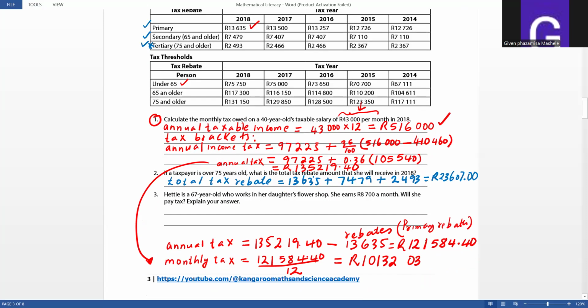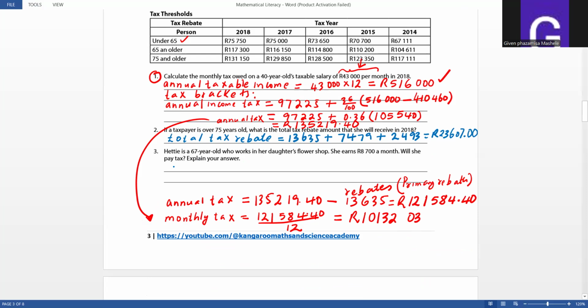Now, let's move on to the next question. Hetty is 67 years old and works in her daughter's flower shop. She earns 8,700 a month, not annually. Will she pay tax? Explain your answer. First of all, we need to come up with the annual taxable income.